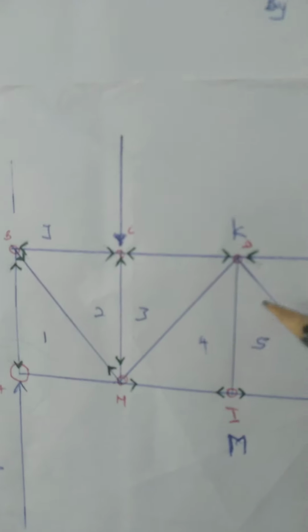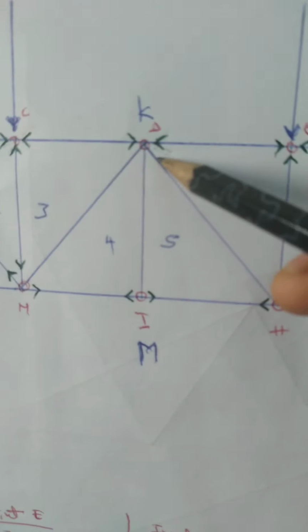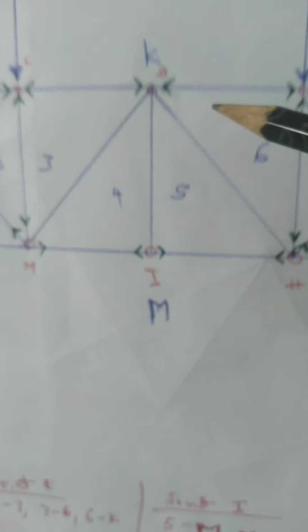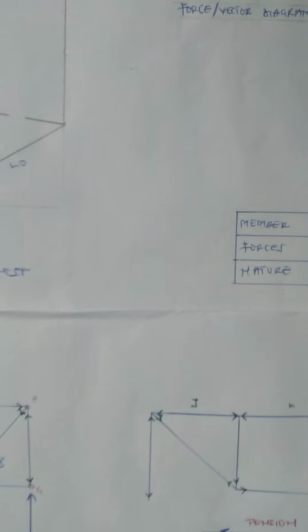So at joint D, for 6, 5, there will be no direction of force in the member, because when we determined its magnitude, the 6, 5 magnitude is 0. So definitely the nature of the force will be a dash because 6 and 5 both lie on the same point.